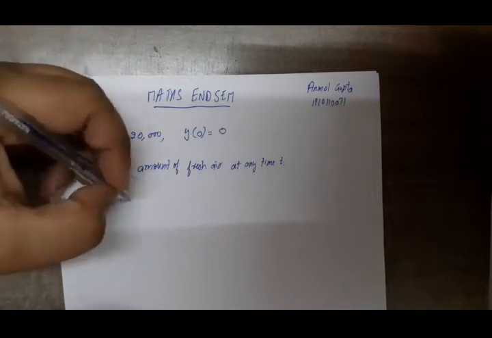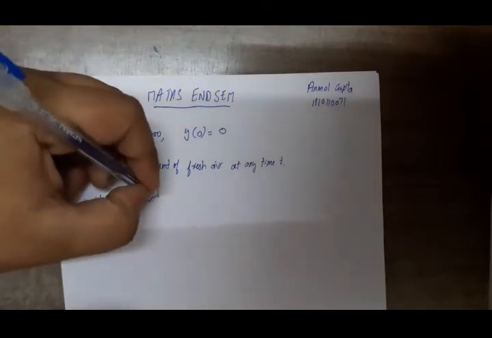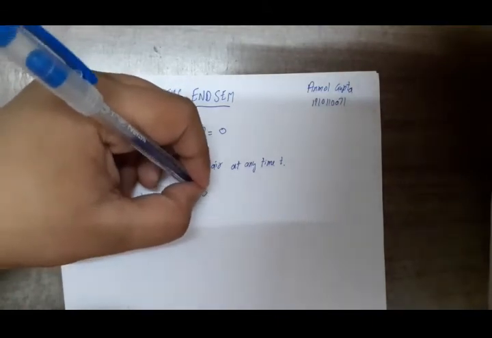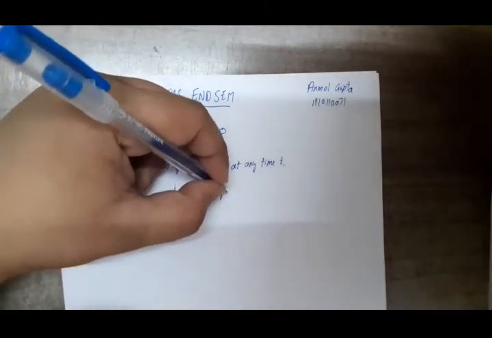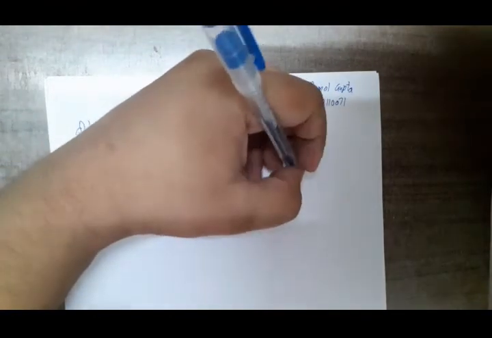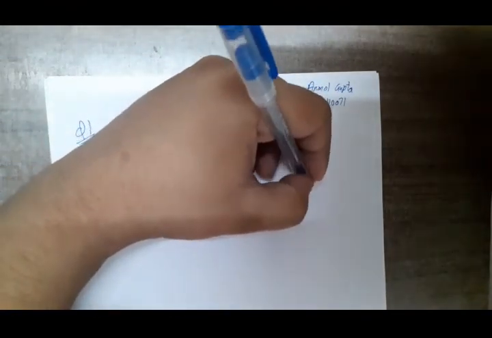If we have to find the rate of change of y, that is y dash t, it would be the fresh air inflow minus the mixed air outflow.